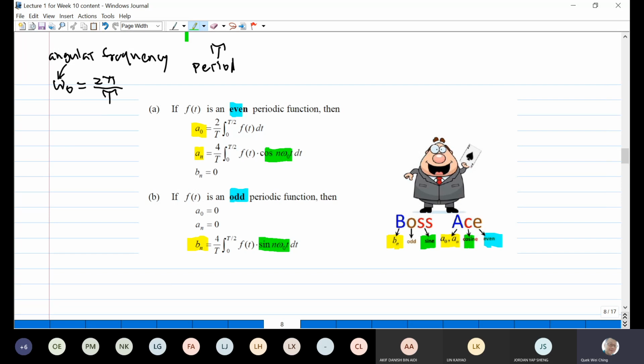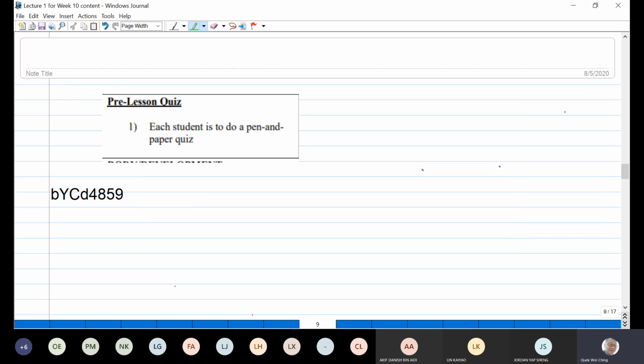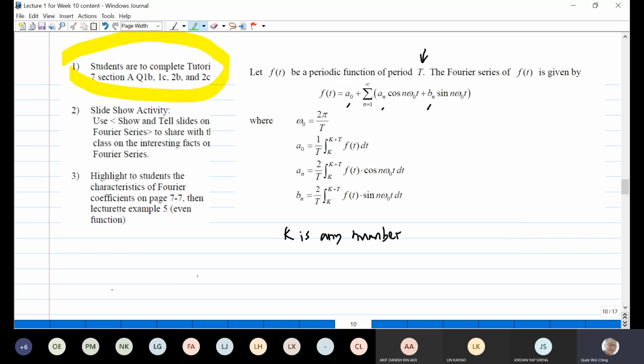For an even function, the bn are all 0, but the an have 4 over T. And for an odd function, all the an are 0, and the bn also have a 4 over T there. So this is slightly different from the general formula, which is 2 over T, right? You can see the formula is slightly different.